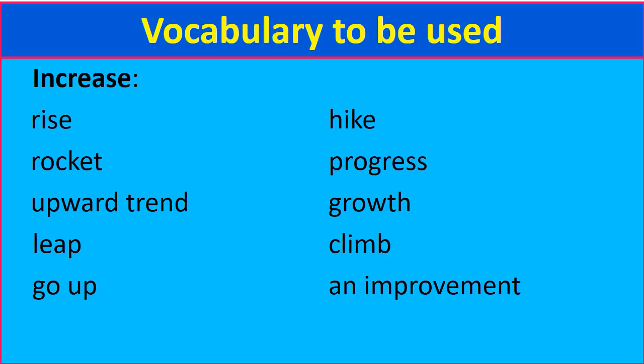Now in the graph, if you are showing increase, so for increase we can use these synonyms like rise, rocket, upward trend, leap, go up, hike, progress, growth, climb, and improvement. So depending on the situation, you may pick up the words from here.